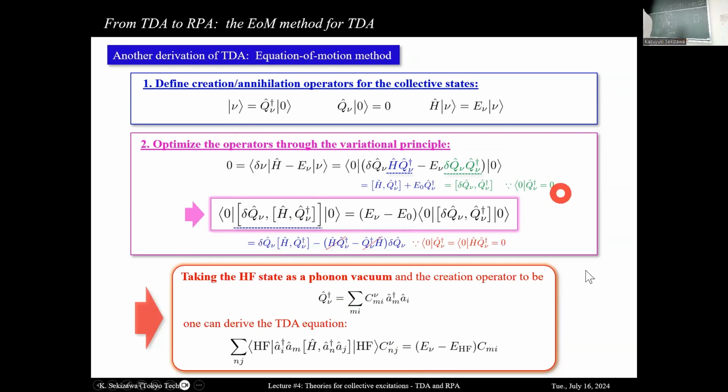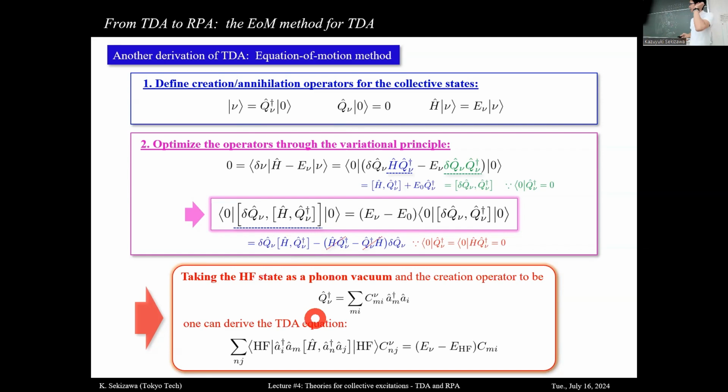So this is the so-called equation of motion method: define an operator that describes the collective state, and take the variation. And later, we specify what the state is and what the actual form of this operator is.